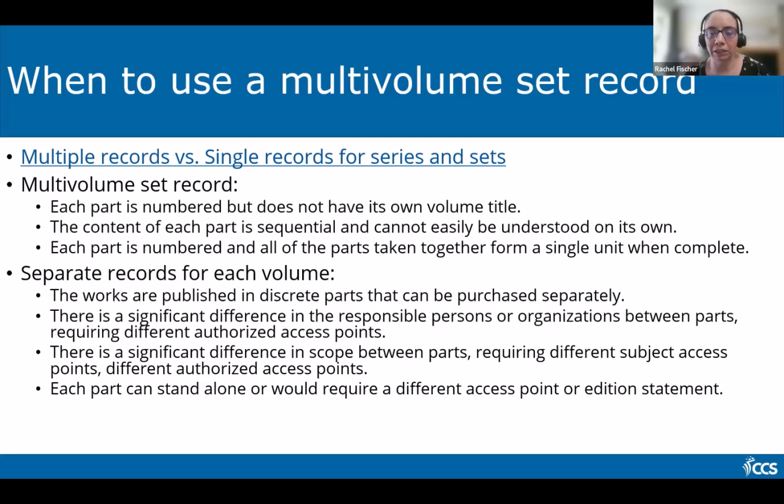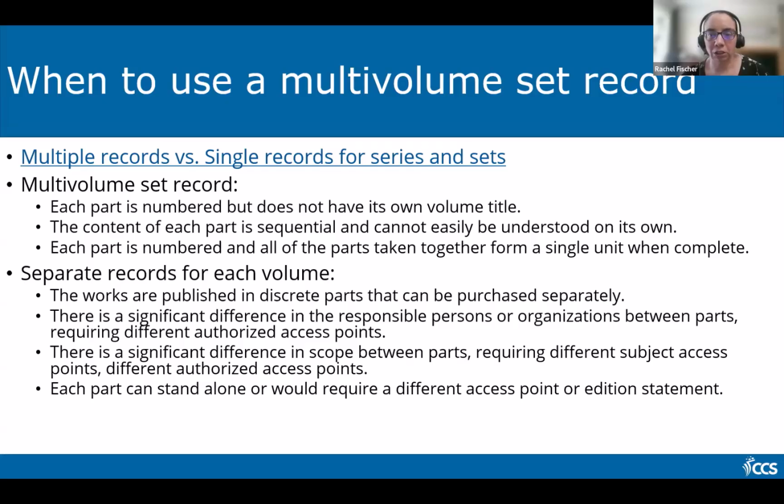So many libraries are still working on the deduplication. So it is one reason why you might see some records not linked to the multi-volume sets. But it's important to regularly review this and check this when you have any questions about whether something should be on a multi-volume set record or a monographic record.